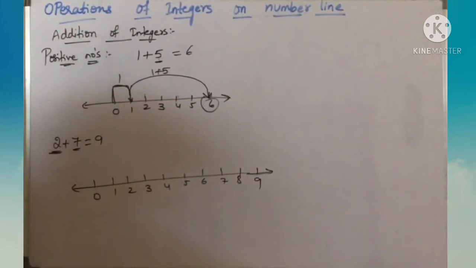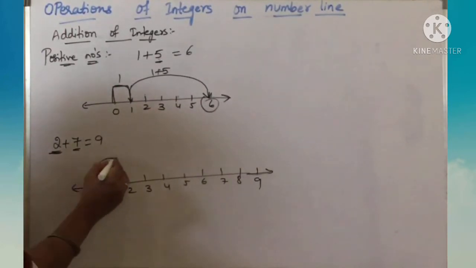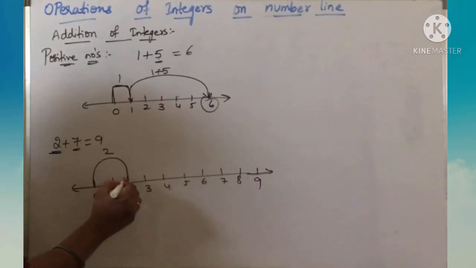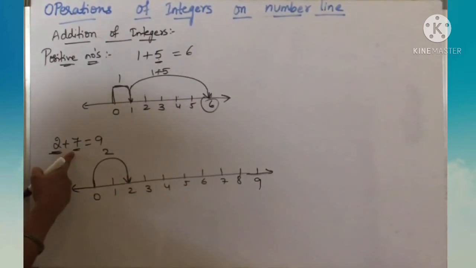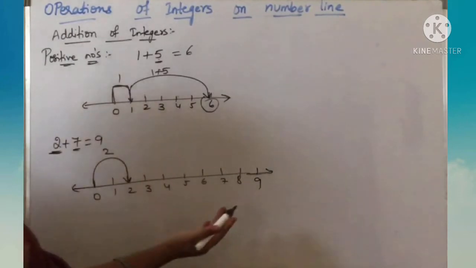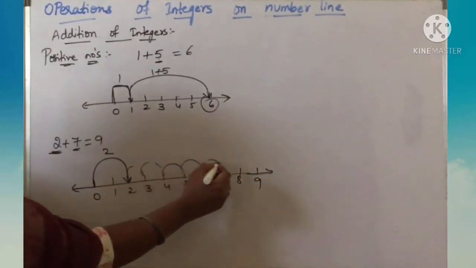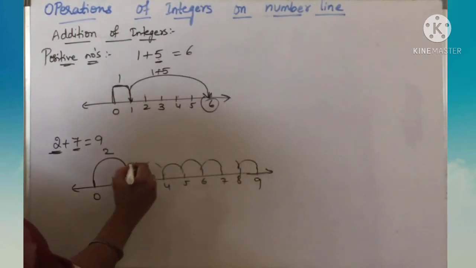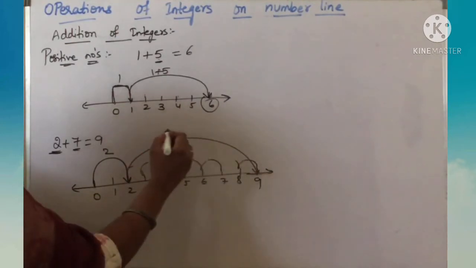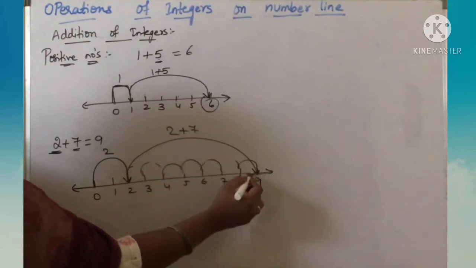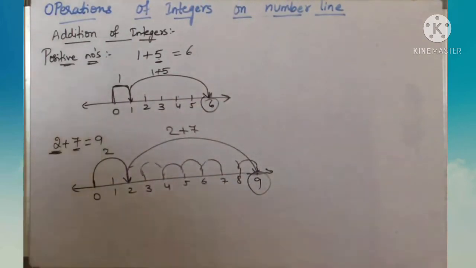How do we write 2 on the number line? From 0 to 2. This is 2. Right? From 2 we should move 7 places to the right side. 7 places. So 1, 2, 3, 4, 5, 6, 7. So finally you will get here. This jump is nothing but 2 plus 7. So finally you will get the answer as 9.